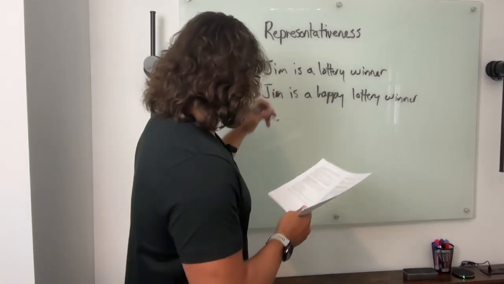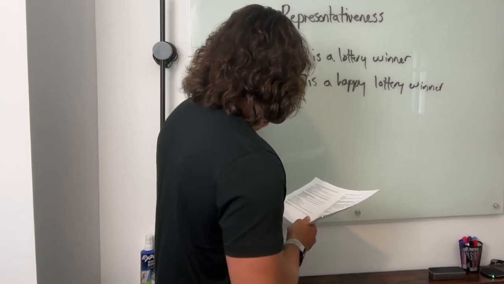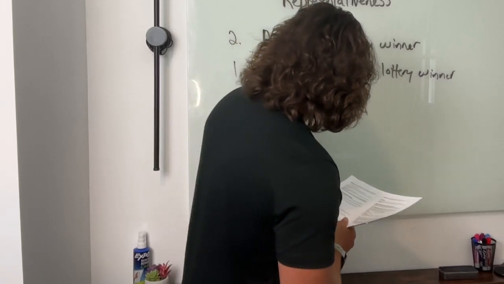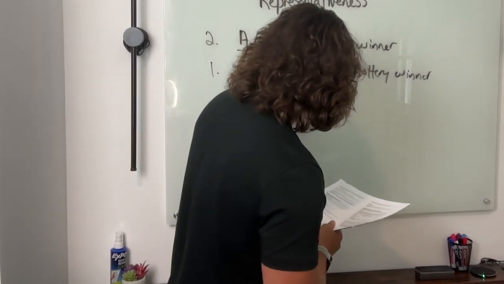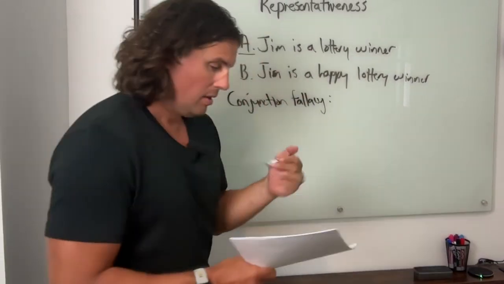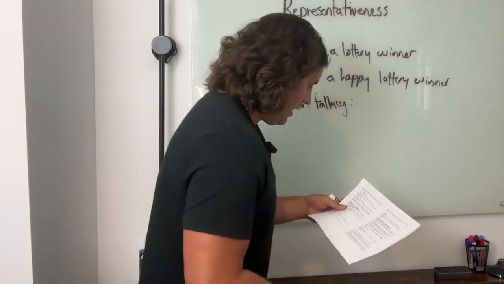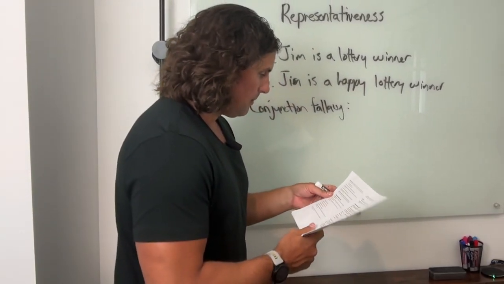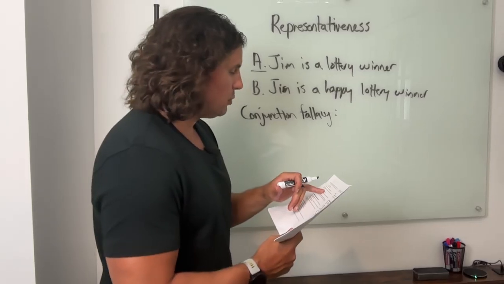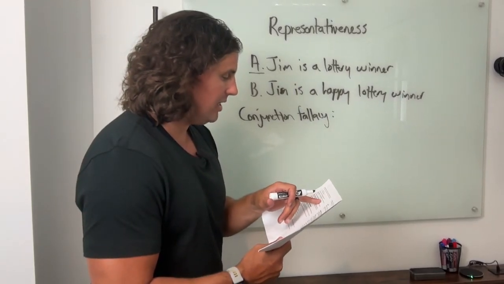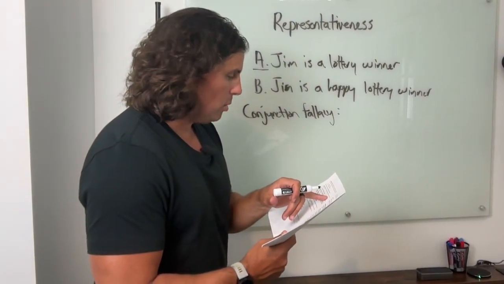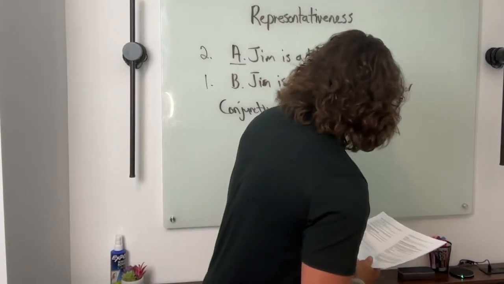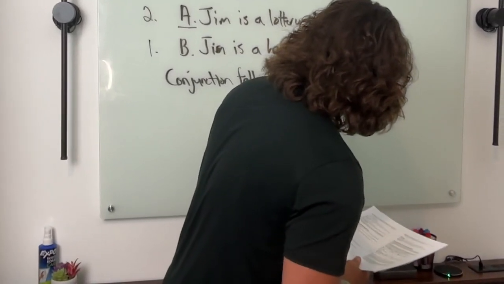This is, by the way, called the conjunction fallacy. And this is when we believe some combination of events is more likely than one of the events.